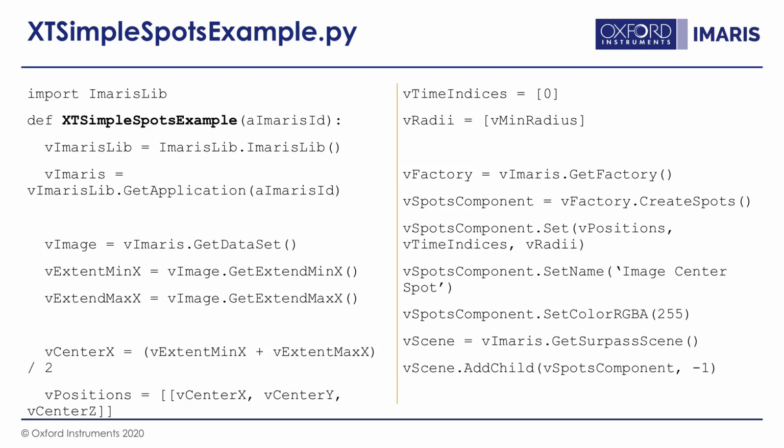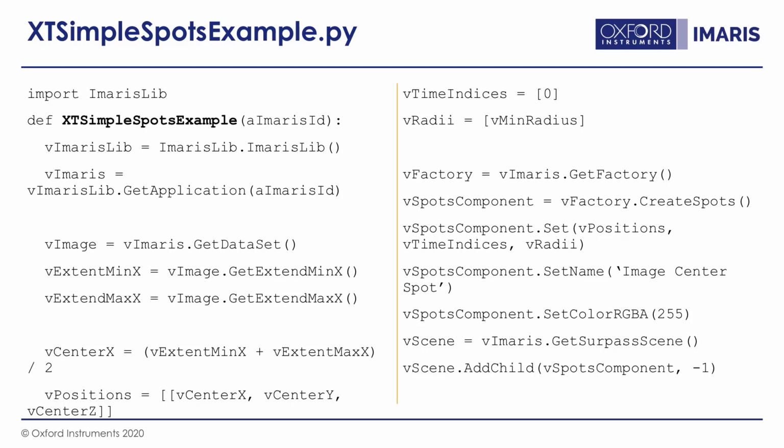So first, it's a Python example. First, we import the Imaris lib, that's the definition of the Imaris XT interface in Python in this case. After the import of Imaris lib, we have one main function, in this case called XT simple spots example, that takes an Imaris ID.